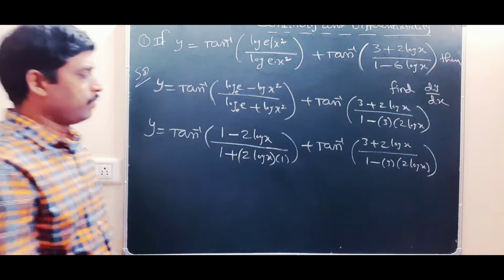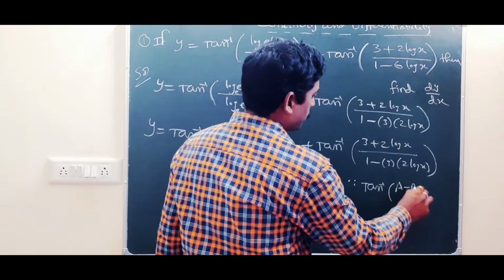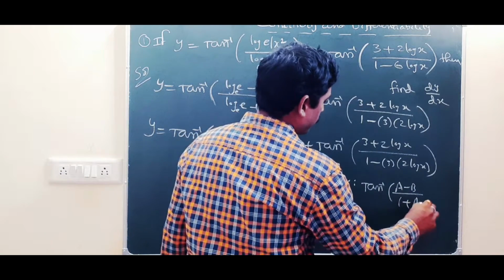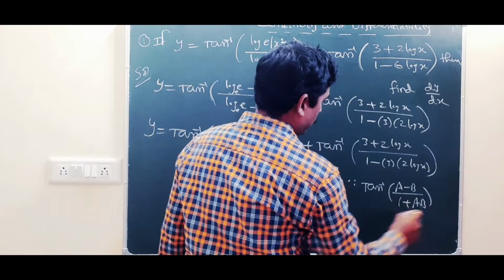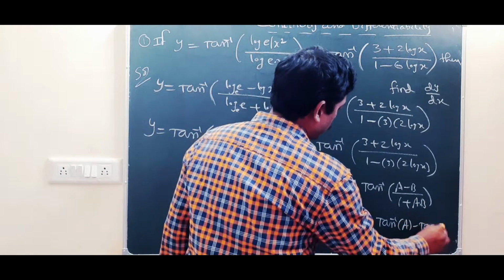Okay, we have one formula, tan inverse of a minus b by 1 plus ab, it will be tan inverse of a minus tan inverse of b.